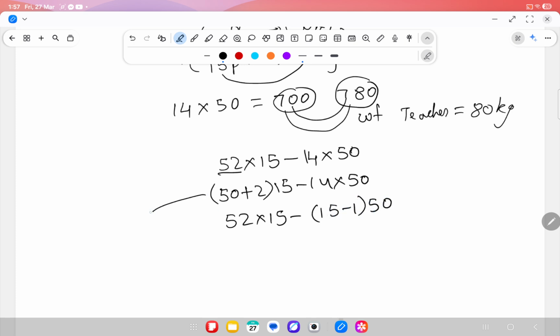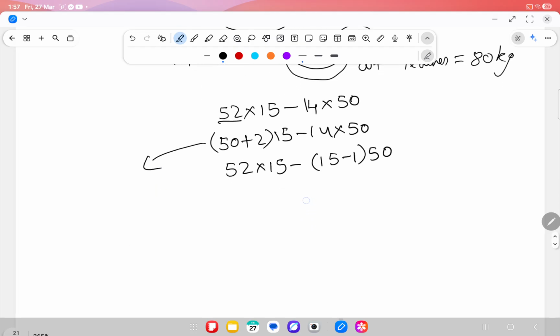Suppose now what happens? 15 into 50 plus 2 into 15 minus 14 into 50.